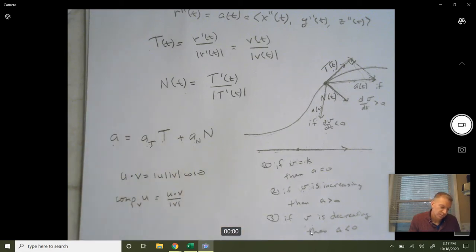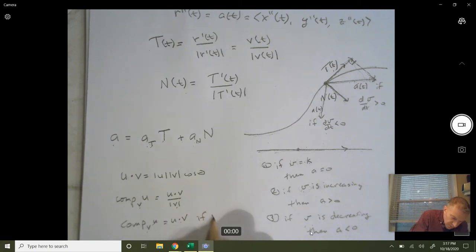Now, let's say v is a unit vector. If v is a unit vector, then the component projection of u onto v would just equal u dot v, because you don't have to divide by the magnitude of v if the magnitude of v is 1.